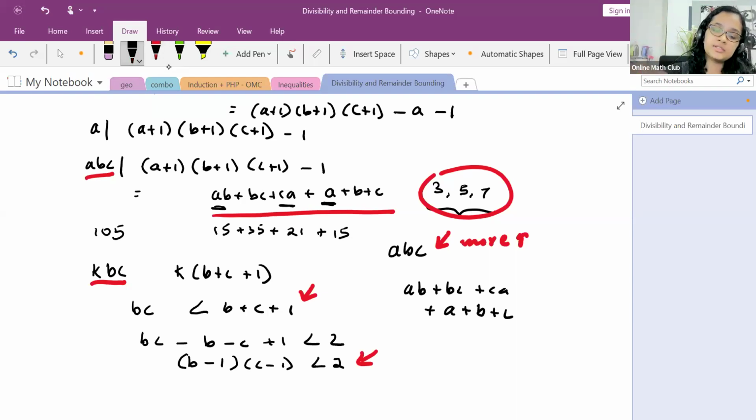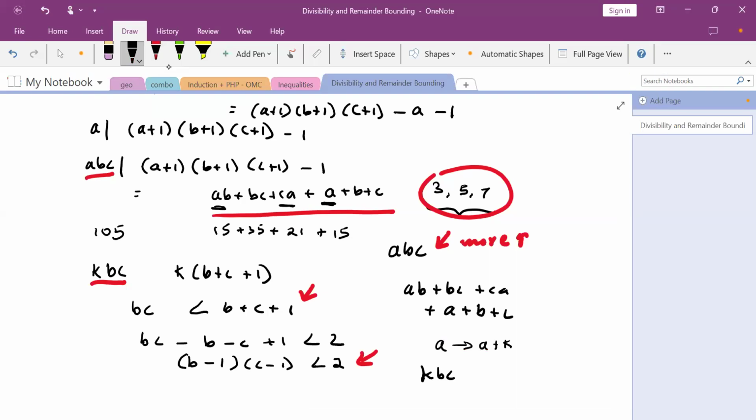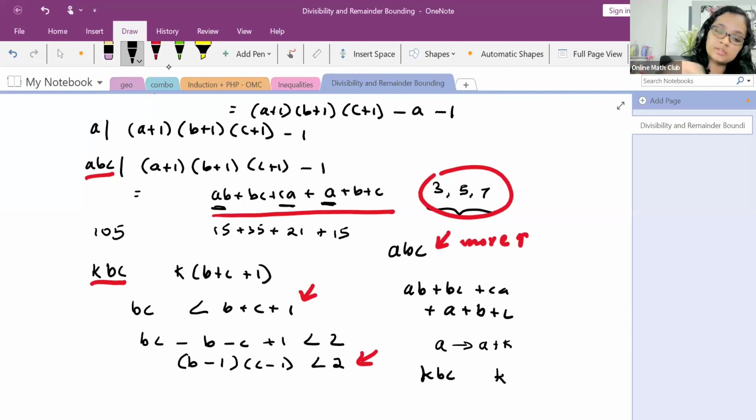So now if you're increasing A by some K, like suppose you're taking A and making it A plus K, then the increase on the LHS would be K times BC, right? Yeah. And the increase on the RHS would be K times B plus C plus 1, because just look at the terms in which you have A, this term and this term.